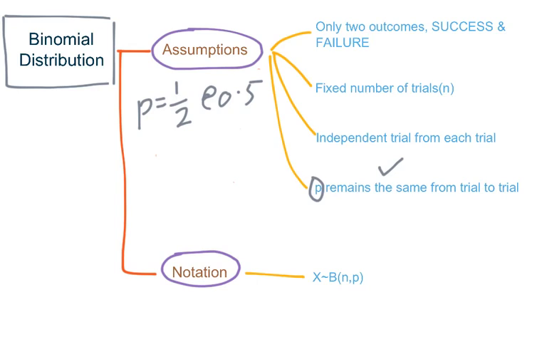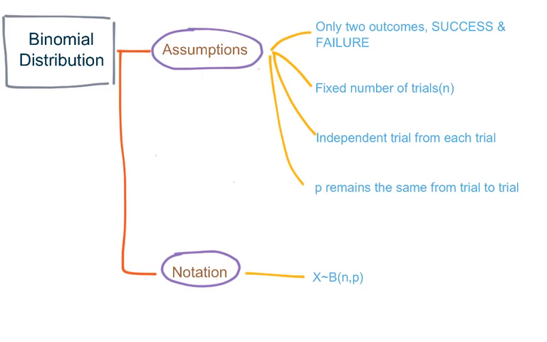So that is the meaning of P remains the same from trial to trial. Alright, so that is all the assumptions for the binomial distribution. If all 4 assumptions are fulfilled, then we call the situation a binomial distribution.